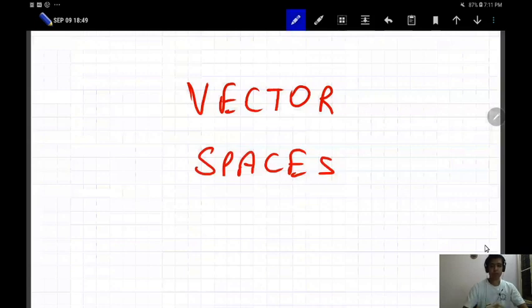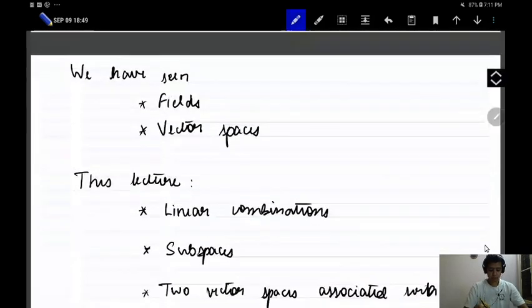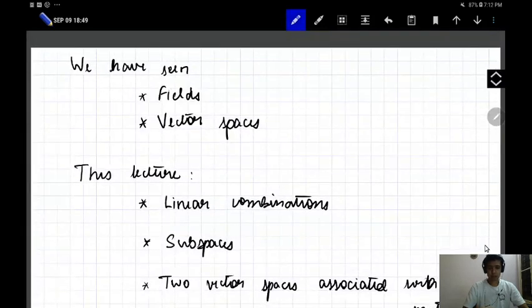In this lecture, we'll delve deeper into vector spaces and subspaces. So far, we've seen how to solve systems of linear equations, and in the last video, I defined what fields are and what vector spaces are, and we saw some examples of fields and vector spaces. In this lecture, we'll go into more details about vector spaces.